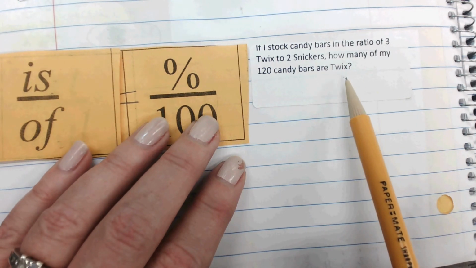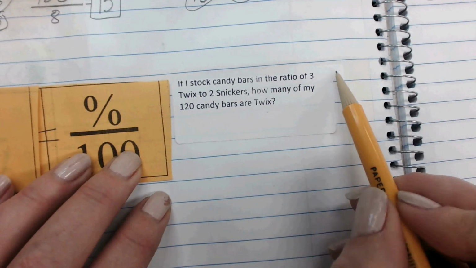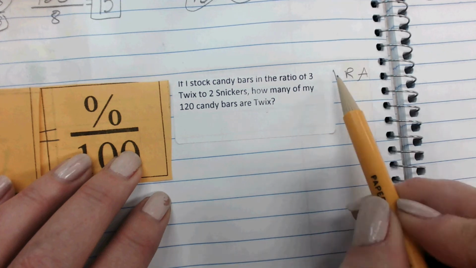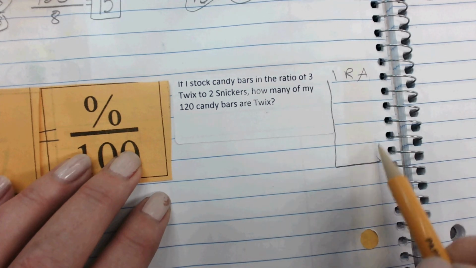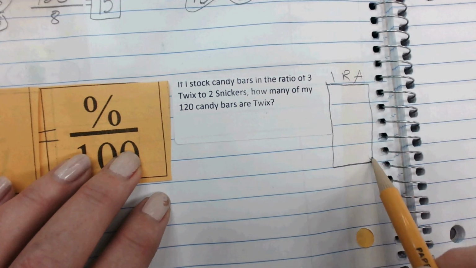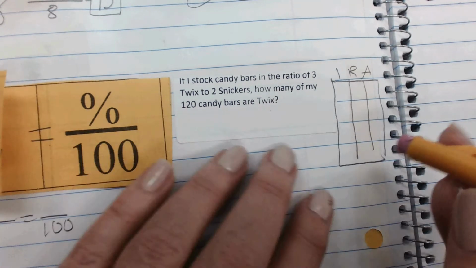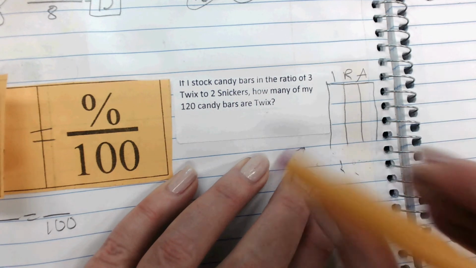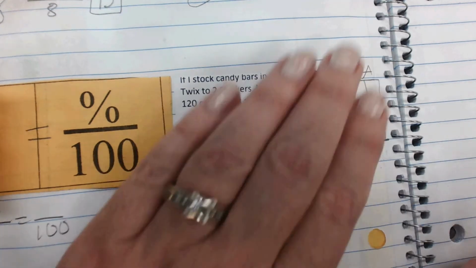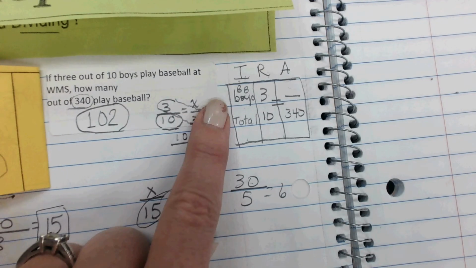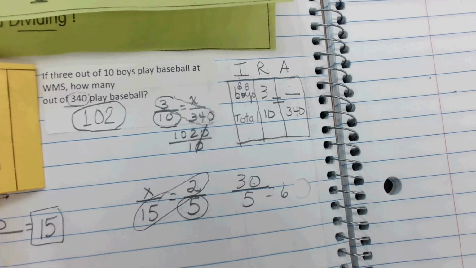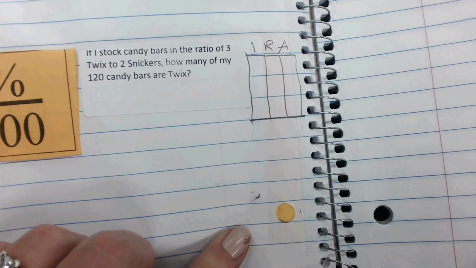This one is actually not a percent, and we're going to use our IRA. Remember, our item, our ratio, and our actual. I didn't need to have 4 lines. IRA charts only need to be 3. Before, you could see our IRA only needed to have 2, but now I'm going to show you why you would need 3.